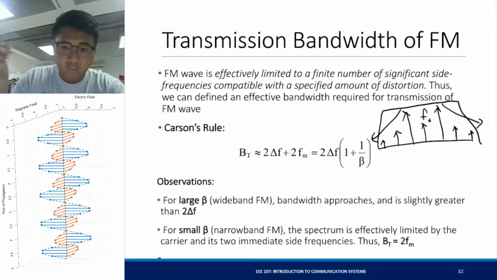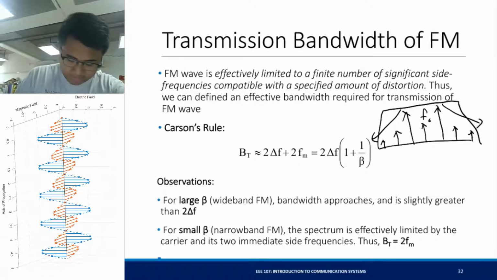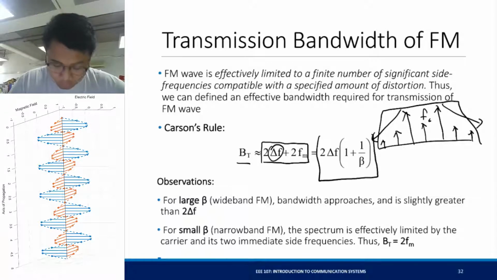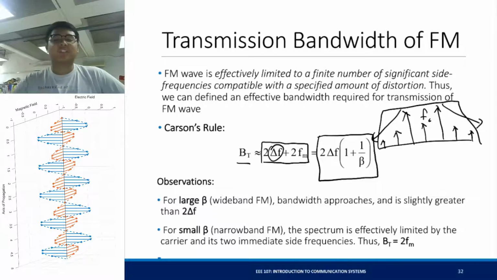And we use Carson's rule for that. So the bandwidth of an FM wave is approximately equal to twice the sum of the message frequency plus the maximum frequency deviation. And since there's a relationship between the maximum frequency deviation and your message bandwidth, we can rewrite Carson's rule as this.